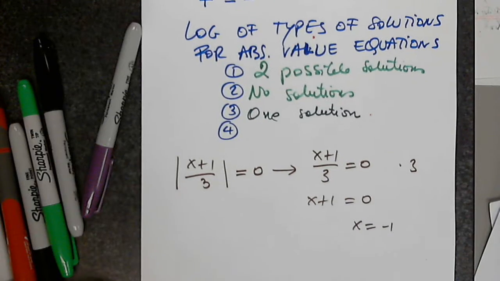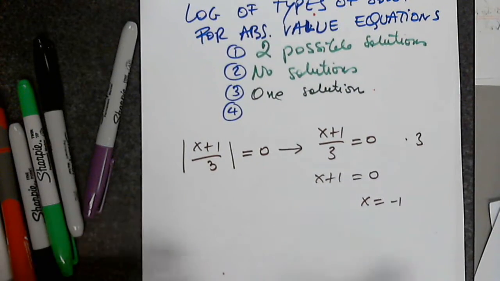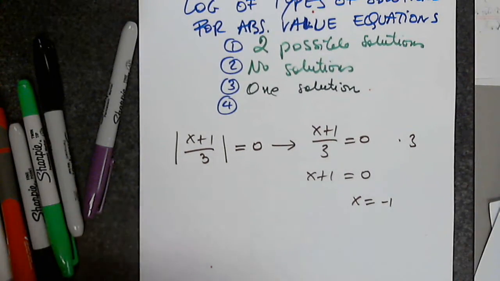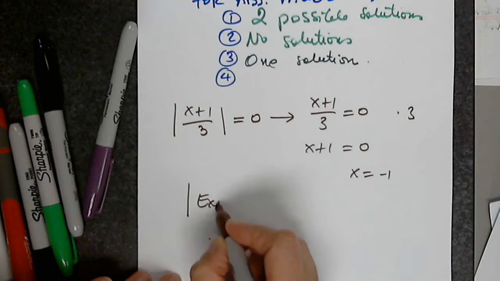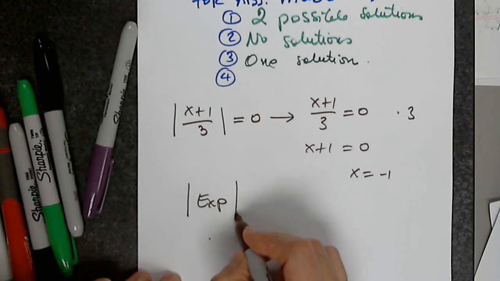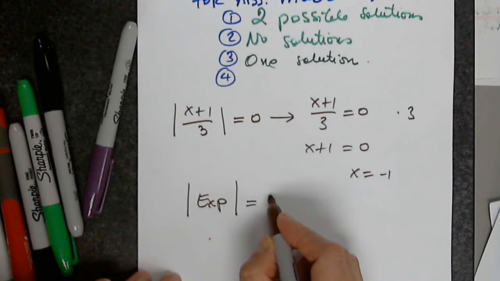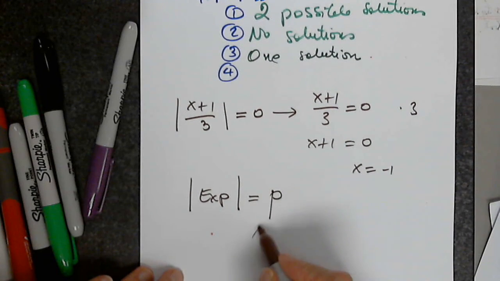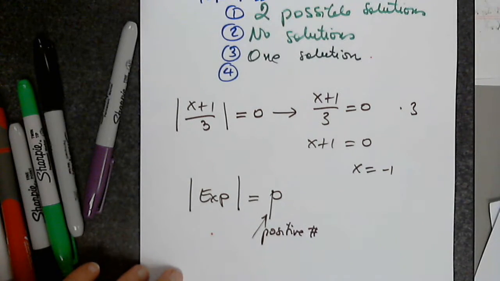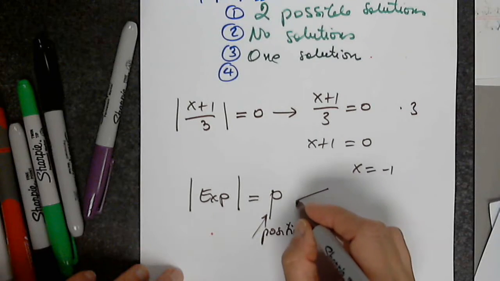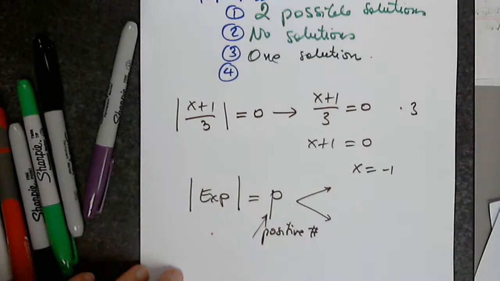Let's draw a conclusion so far about what we've seen till this moment. Now we know that if I have an expression, any expression in absolute value, equals, let's say, a positive number p, then I know that there are 2 possibilities. What are the possibilities again?